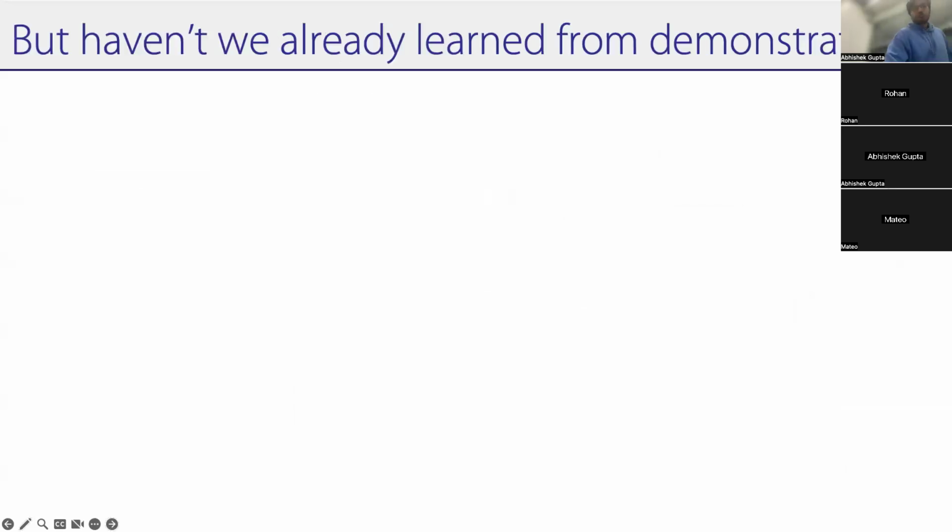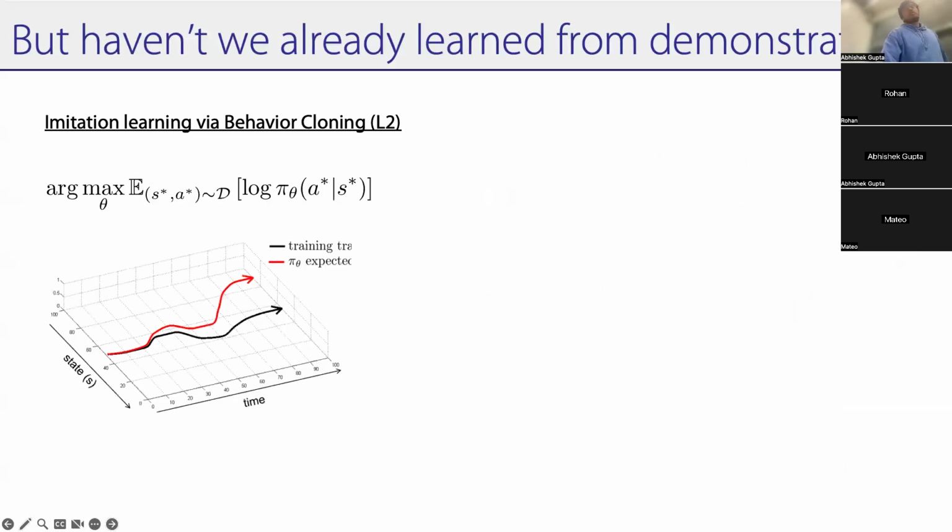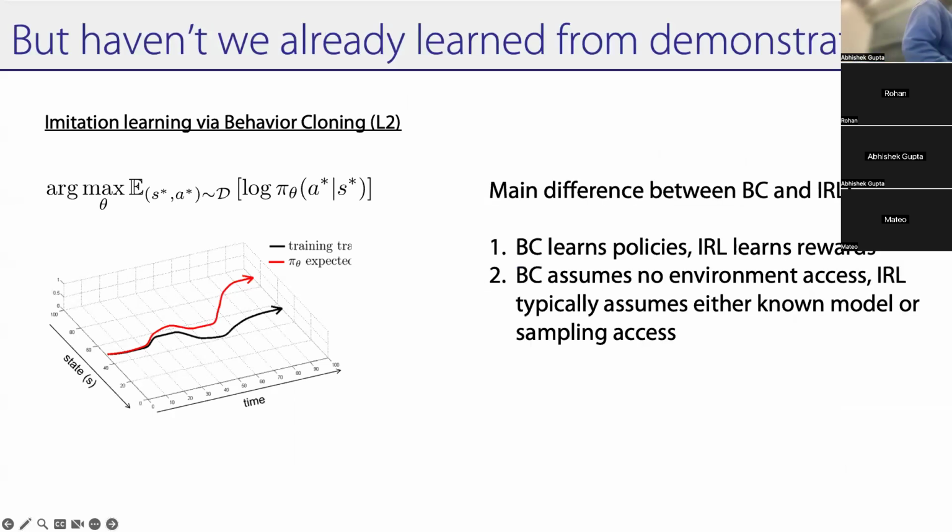We already talked about behavior cloning, where, like Alexa was just saying, we maximize likelihood. The main difference between behavior cloning and inverse RL is that behavior cloning learns policies with maximum likelihood or supervised learning, while inverse RL learns reward functions. Behavior cloning doesn't need access to the environment.